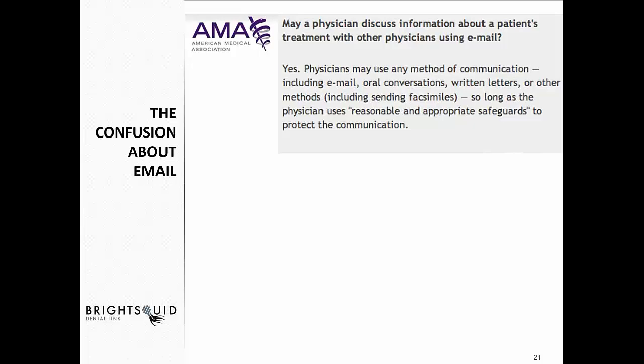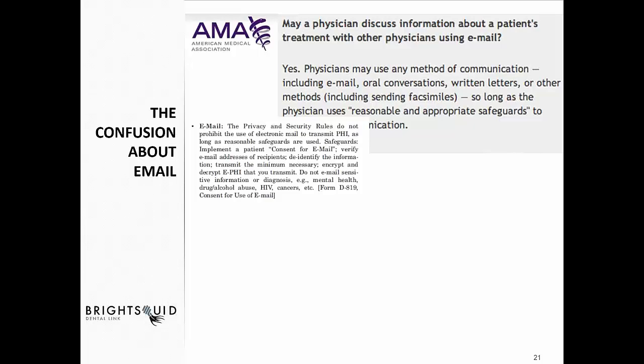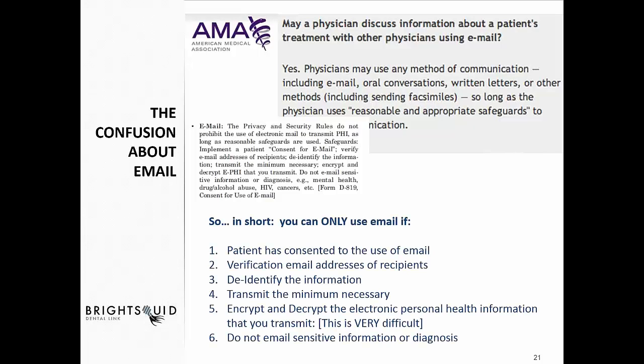So I've done a bunch of research to find out what would be an example of a reasonable and appropriate safeguard, and I've found a number of guidance elements around this. It's a little bit tough to read in that small paragraph. So yes, the AMA says you can discuss information using email, but you can only use email if the patient has consented to the use of email, which I think is a good idea.